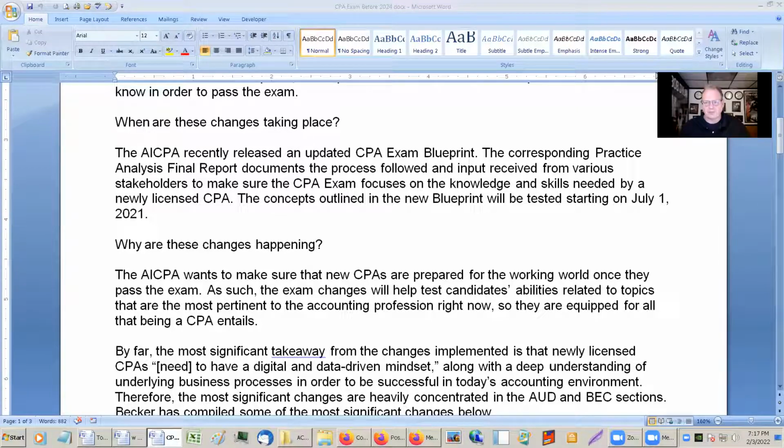Up to 2023, if you're planning on taking the exam, it's going to be similar to what we have today. There's a few changes in here that we'll go over. But if you're planning on taking it in 2024, it changes considerably.